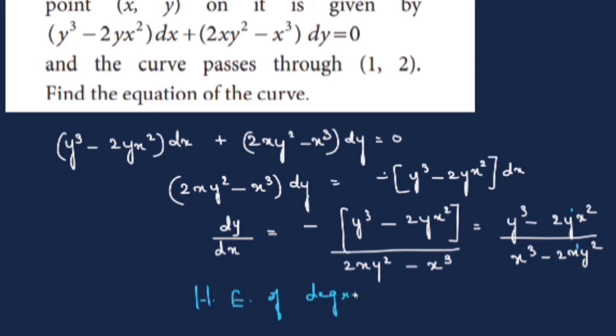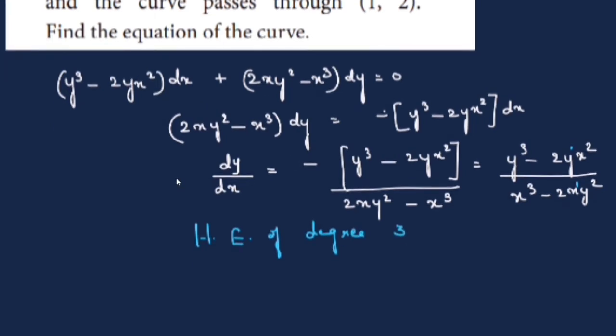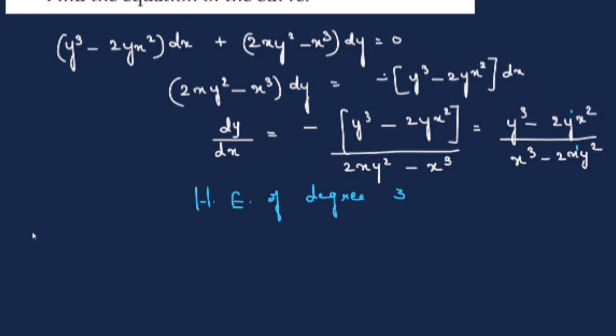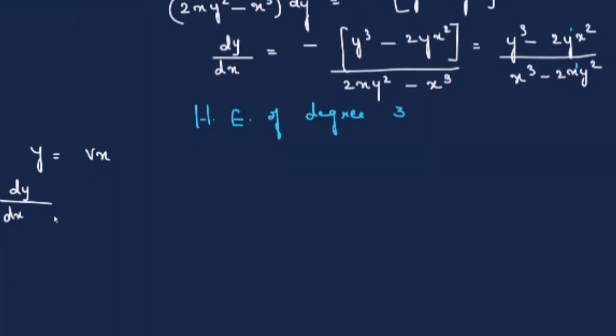Once you know it is a homogeneous equation, you put y is equal to vx. Put y is vx. So dy by dx is equal to, using the product rule, v into differentiation of x, which is 1, plus x into dv by dx.